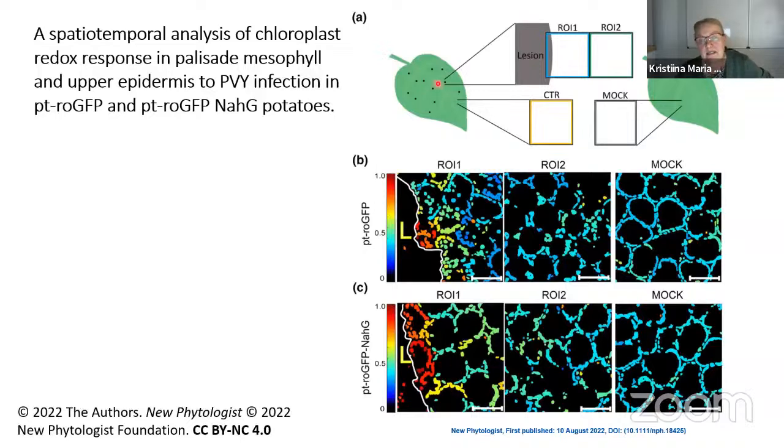And now if this cell death zone and the cells that are in the immediate vicinity of this zone are looked at, we can see that there are highly oxidized chloroplasts next to the lesion area.